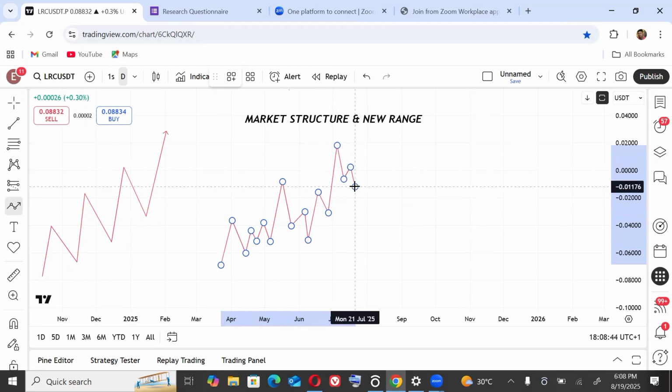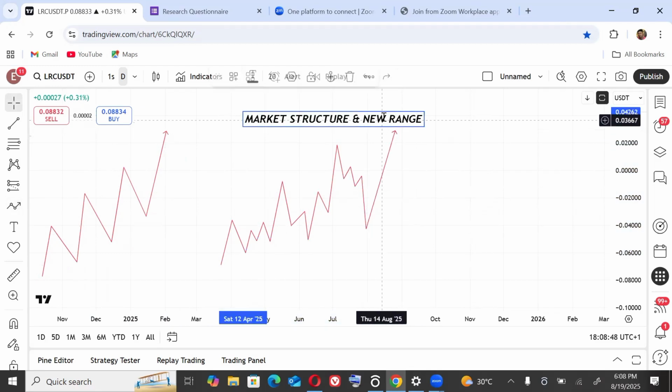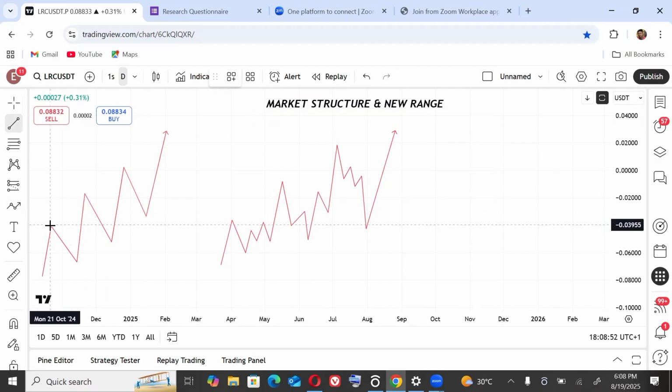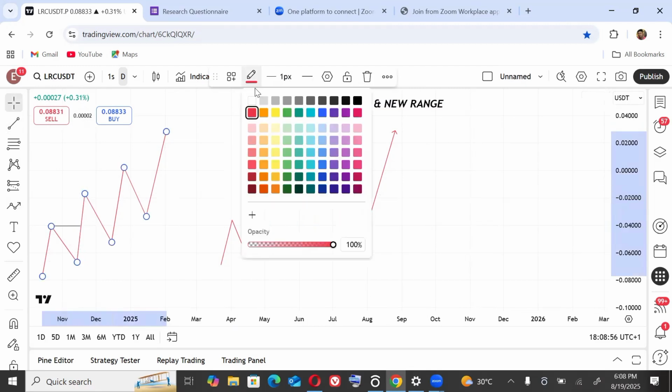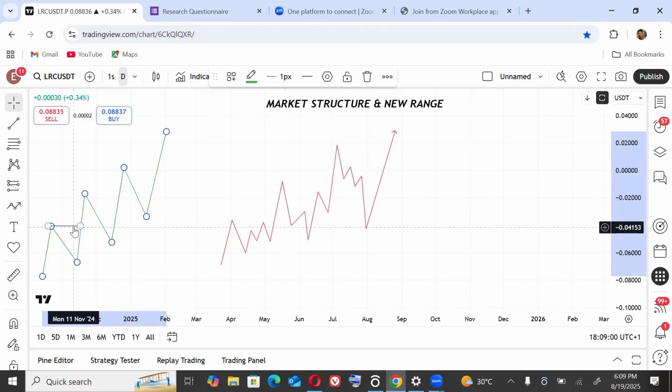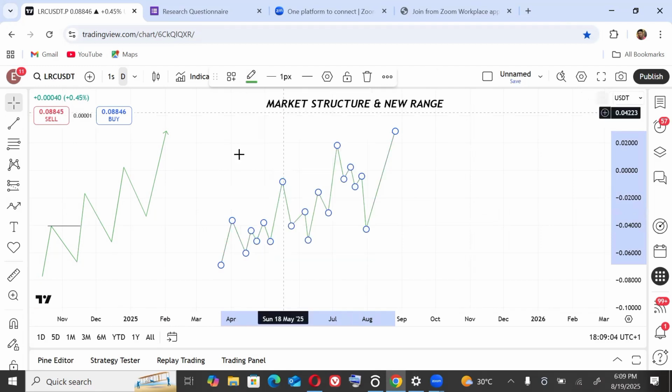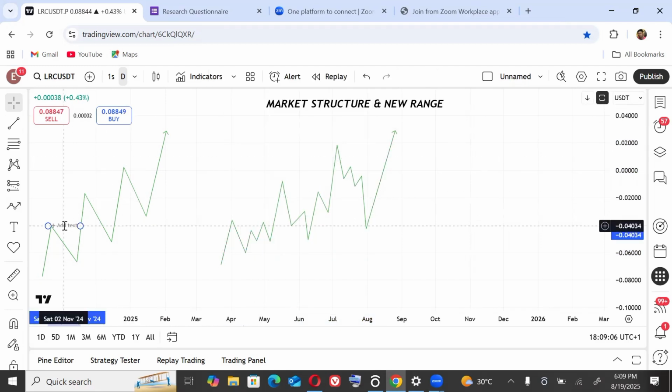Take a good look at this. From the basic, this is our breakout structure. Let's put it in green, which signifies a bullish market order flow.